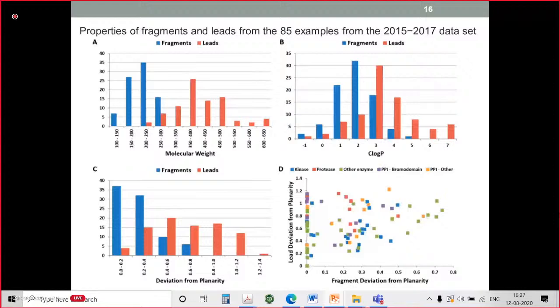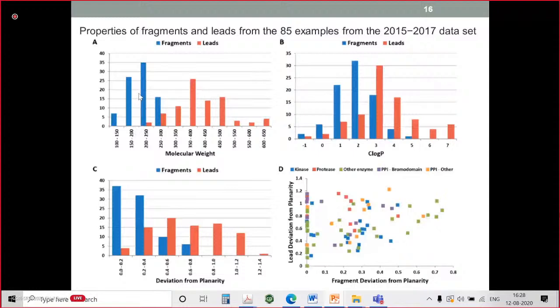So these authors collected 85 examples from the literature, published between 2015 and 2017. They observed that the first plot, showing the molecular weight range for a fragment, is limited to around 300. The maximum number of fragments are between molecular weights of 200 to 250.